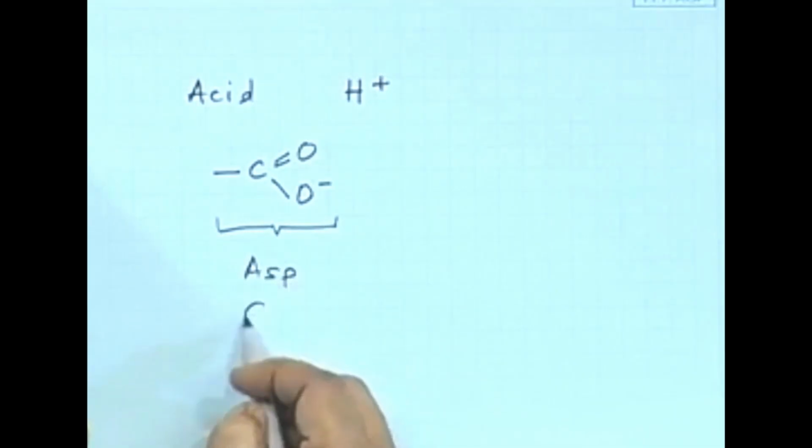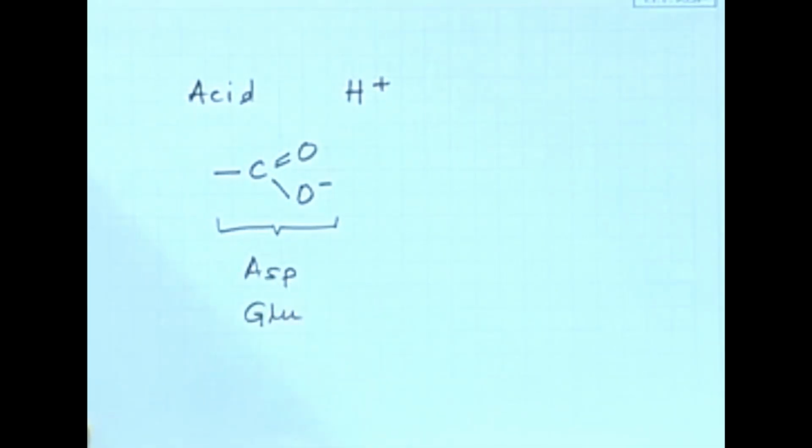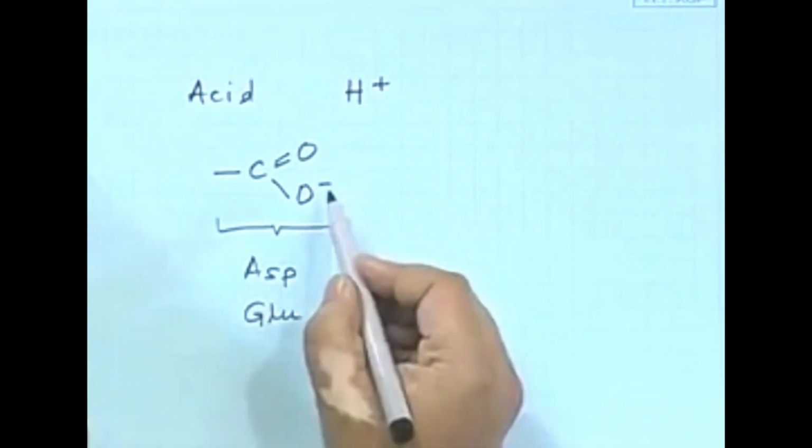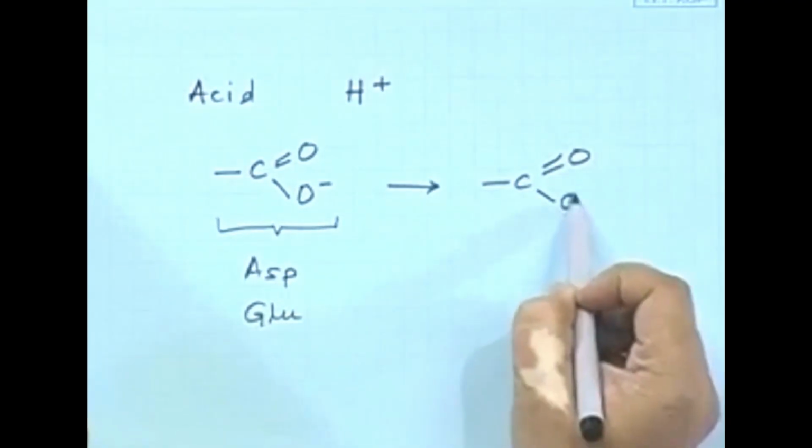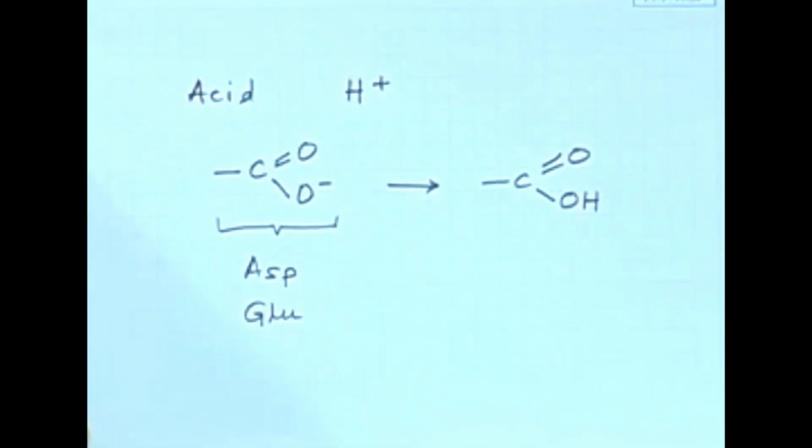Aspartic acid or glutamic acid. What is going to happen to them? They are going to get protonated, right? So if they get protonated, what do I get? This is what is going to happen on addition of acid.